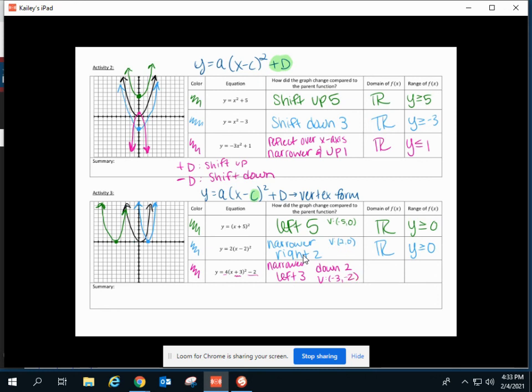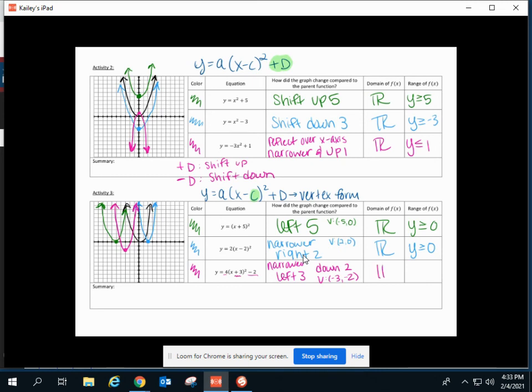So we already know where the vertex should move. Let's put that on our graph. It's at -3, -2. And for the sake of time, we're just going to draw it as a narrower function that opens up at -3, -2. You can graph it on your calculator if you don't believe me.